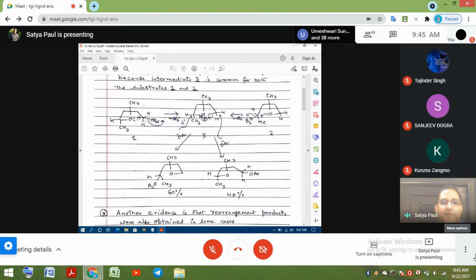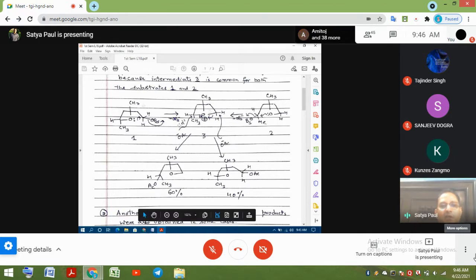So both are different, and when we subject these to acetolysis, they give us this mixture of product, and that is possible only if both of these involve the same intermediate, that is intermediate 3. So once it is the same, naturally your acetic acid will attack either on this position or on this position.